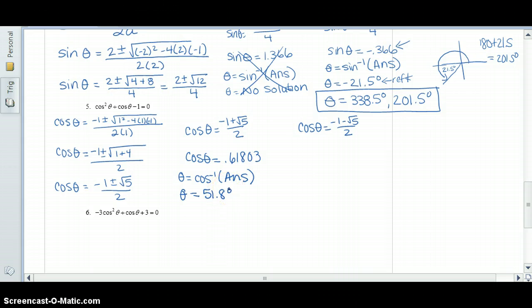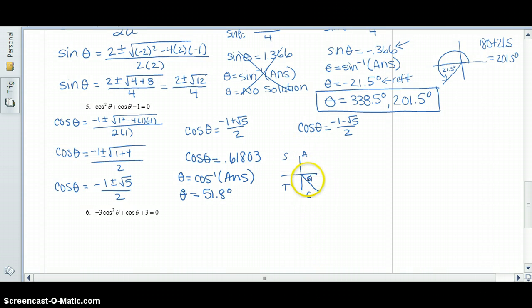Okay. Now that is an angle between 0 and 360, so that is one of our answers. Now we have to stop and think, in what other quadrant could we have had a positive 0.61803? Well, that would happen in quadrant 4. That's where else cosine is positive based on All Students Take Classes.